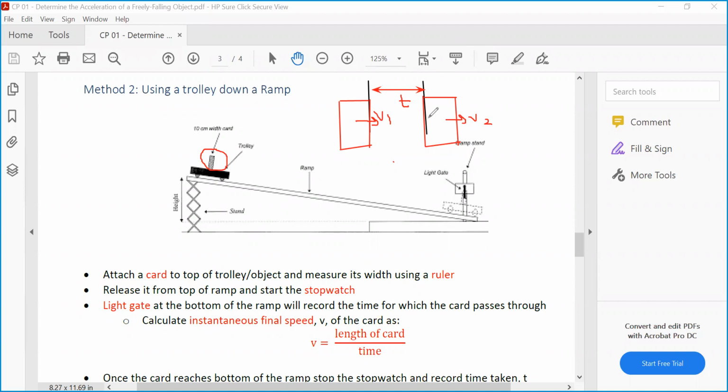So it enters and the card goes away, and it measures a time. The time is just to pass the width of the card. So the light gate measures the time it takes to pass the length of the card. So we take the velocity as the length of the card divided by time, which gives its velocity.